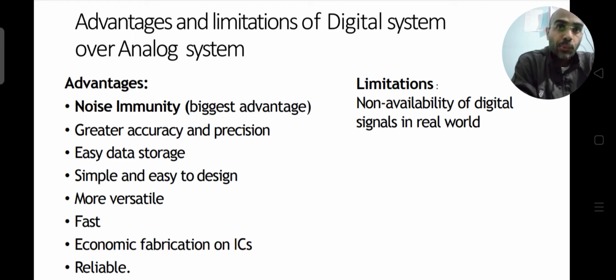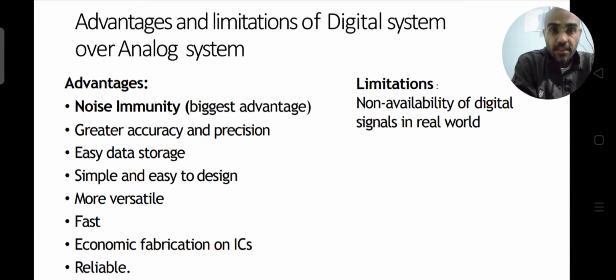So, digital systems provide better noise immunity compared to analog systems. That is why digital systems have dominated analog systems.